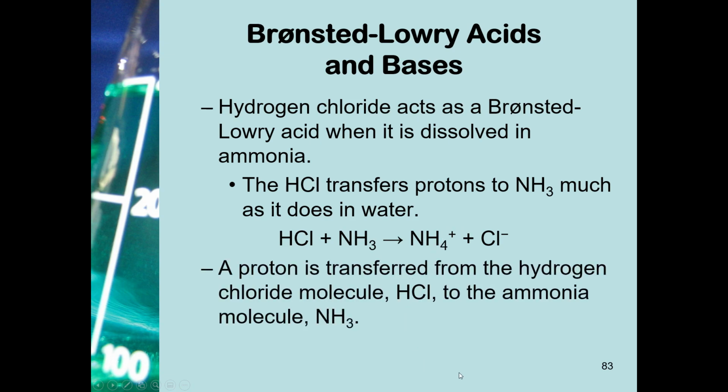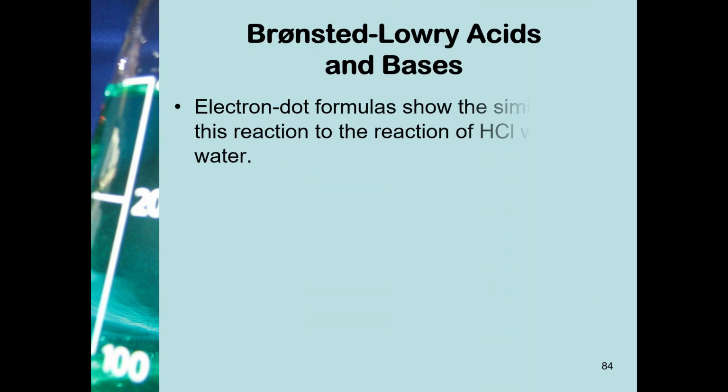So the proton is transferred from the hydrogen chloride molecule to the ammonia molecule, and the ammonium, NH4, is what's formed in this case. In the previous example, when HCl was with water, it formed a hydronium ion. We can see that better if we use electron dot formulas to show how similar these two reactions actually are, even though they produce something a little bit different.